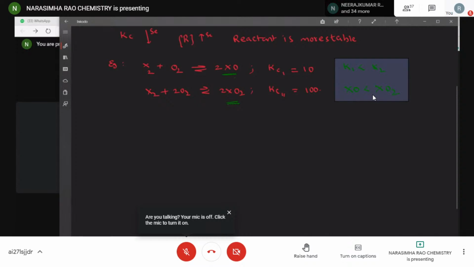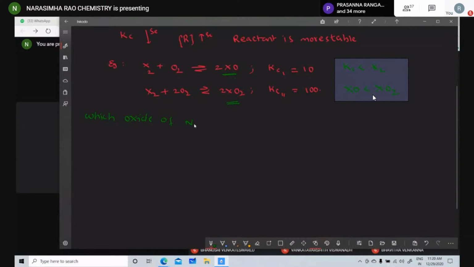My question. Now, I am writing some chemical equations. For formation of NO2, all are gas phase reactions, N2 plus 2O2 is in equilibrium with 2NO2.